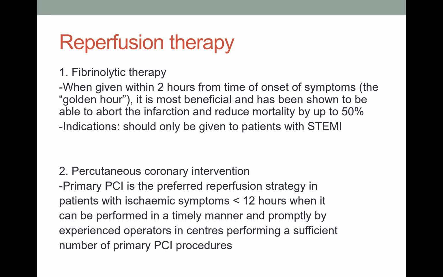For fibrinolytic there is usually a golden hour. If given within 2 hours from the time of onset of symptoms, it is most beneficial, and we only give it to patients with STEMI. For PCI, as mentioned in the flow chart just now, less than 12 hours, if it can be performed in a timely manner by an experienced operator, it is the preferred reperfusion strategy.